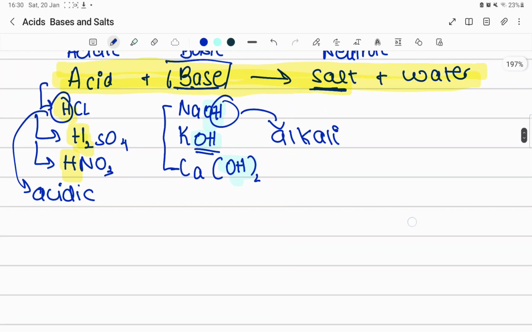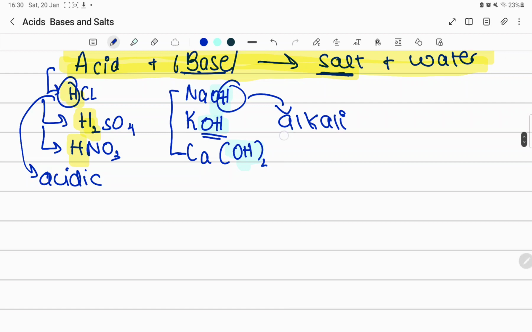Moving on, there are different kinds of bases. We already went over the hydroxides. So a base can be a hydroxide, which we saw, or an oxide.